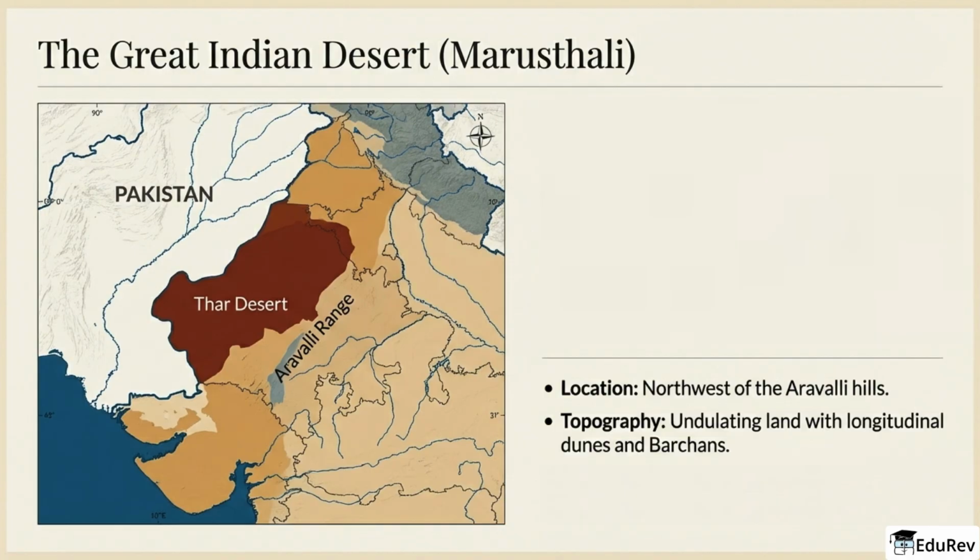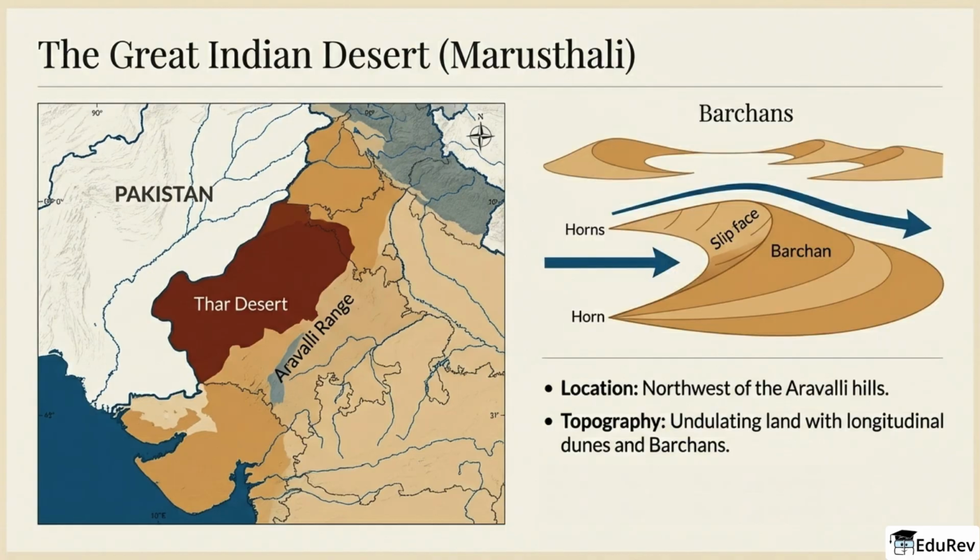The topography is undulating, and the dunes you must remember are longitudinal dunes and barchans. Barchans are those crescent-shaped dunes formed by wind, with horns pointing in the direction of wind movement and a steep slip face on the leeward side. Climatically, it's arid, with less than 50 millimeters annual rainfall.